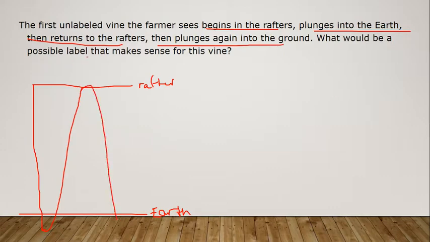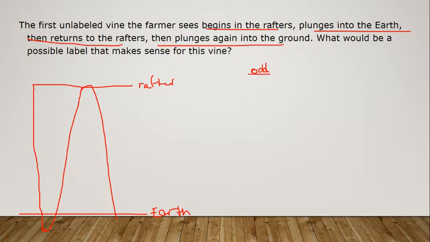So what would be a possible label that makes sense for this vine? Well, if you look at it, what kind of a graph does it look like? It comes down, goes up, and then comes back down. So it has two turns in it, and its end behavior is opposite, with one side going up to infinity and one side going down to negative infinity, so we know it's an odd function.